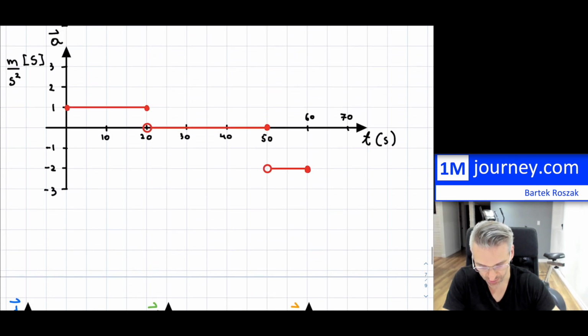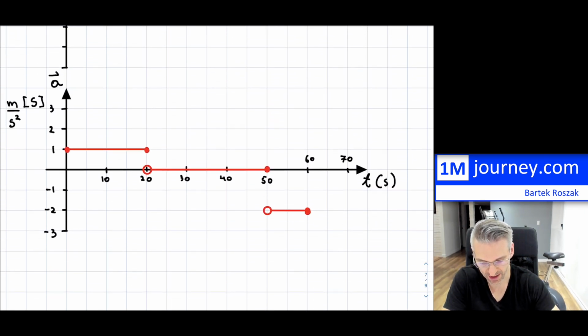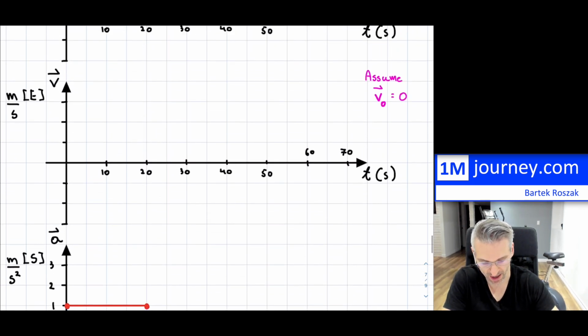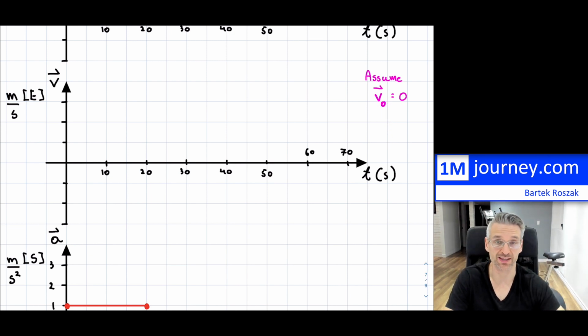In this example, going from the acceleration graph to the velocity graph, I am given the assumption that my initial velocity, which I wrote as v with a little zero, at time zero, is zero.